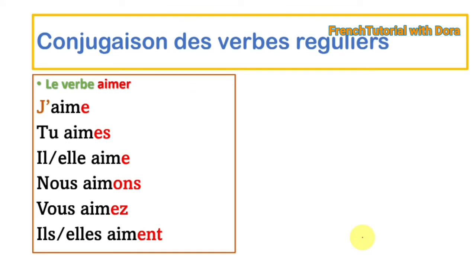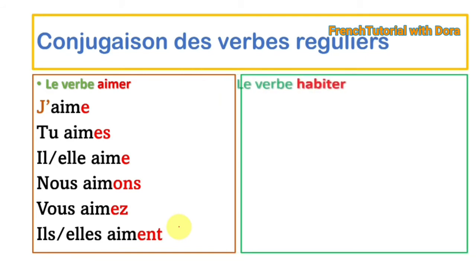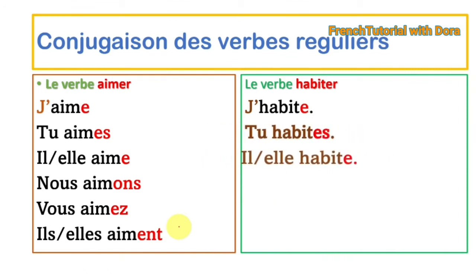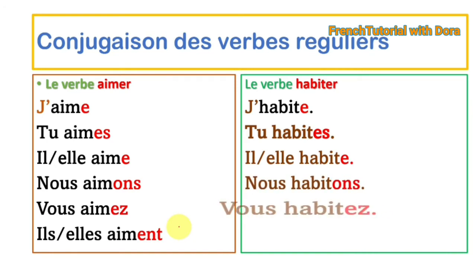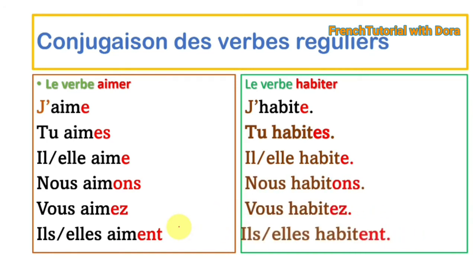We can see the pattern continues: e, es, ons, ez, ent. Now, the verb habiter: j'habite, tu habites, il habite, elle habite, nous habitons, vous habitez, ils habitent, elles habitent.